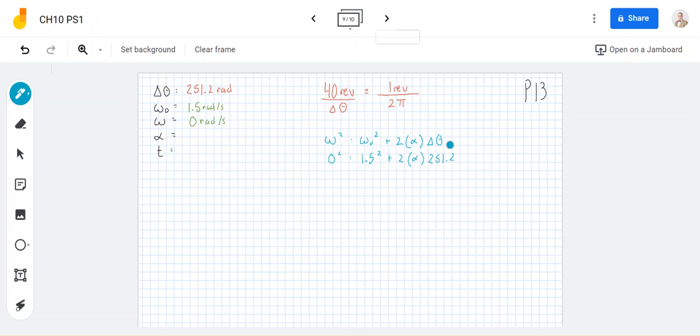So when I go to solve, I end up with this. 0.0045, and that's radians per second squared.